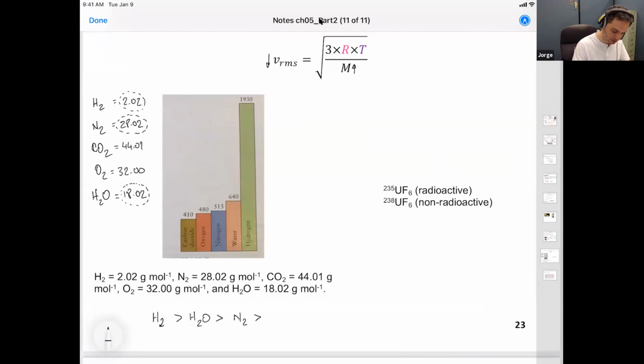Fourth place will come the oxygen. And the slowest gas in this series is the CO2. Okay.